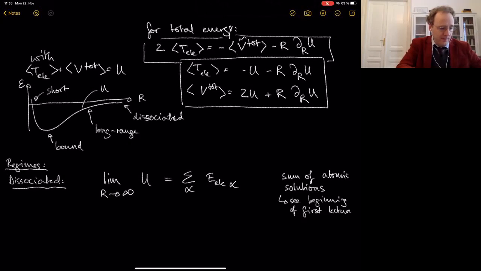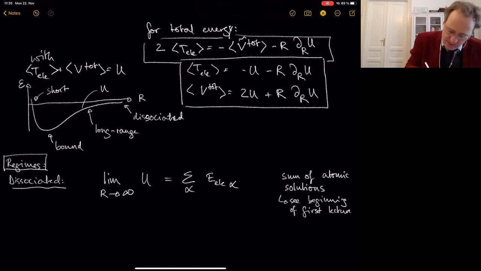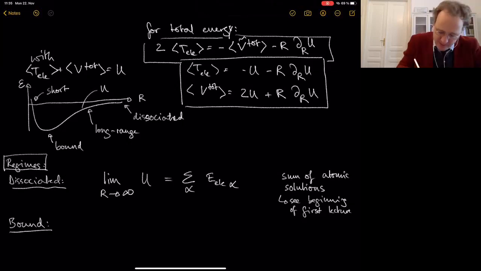Now, the second regime we'd like to discuss, the bound case. So what happens in the bound case, right?